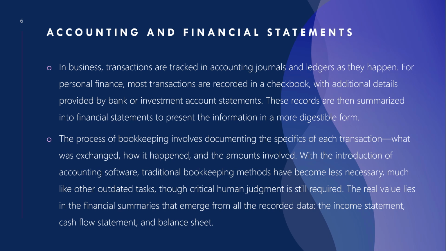The process of bookkeeping involves documenting the specifics of each transaction, what was exchanged, how it happened, and the amounts involved. With the introduction of accounting software, traditional bookkeeping methods have become less necessary, much like other outdated tasks, though critical human judgment is still required. The real value lies in the financial summaries that emerge from all the recorded data, the income statement, cash flow statement, and balance sheet.